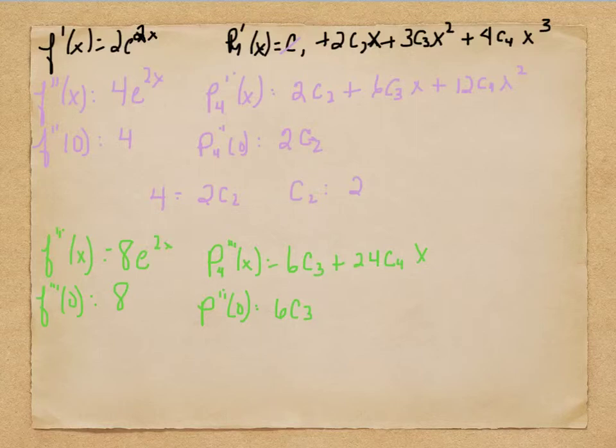So setting those equal to each other, we'd have 8 equals 6 c3, divided by 6, and we get that c3 is 4/3.